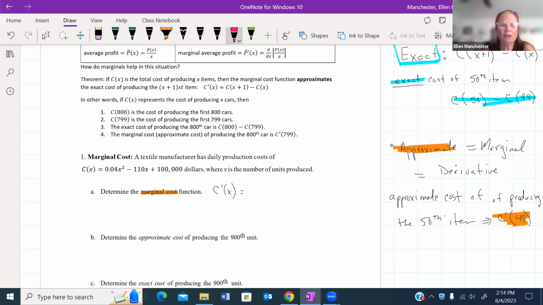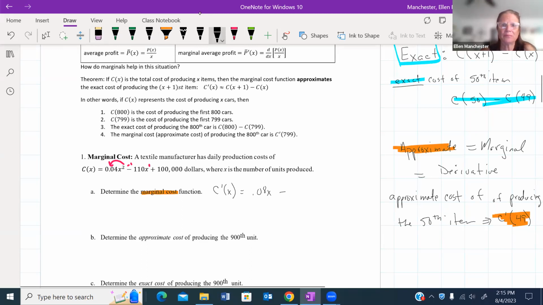I'm going to drop the 2 to the front and multiply. So 2 times 0.04 is 0.08, and then I subtract 1, so 0.08x minus, and then 110x. Again, remember, there's a 1 here, so we're doing the exact same process, dropping that to the front and multiplying.